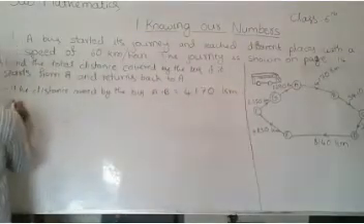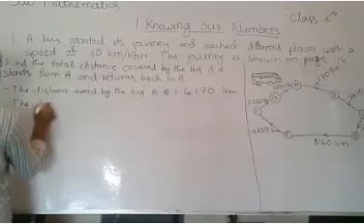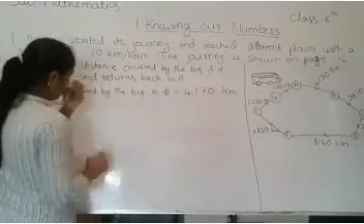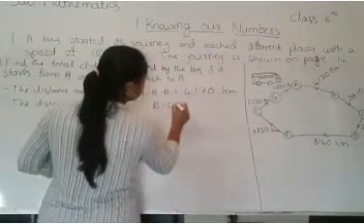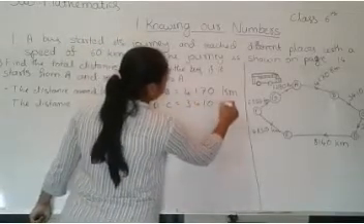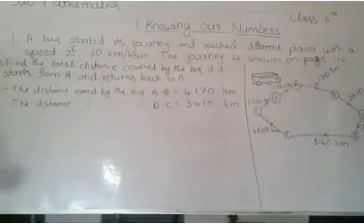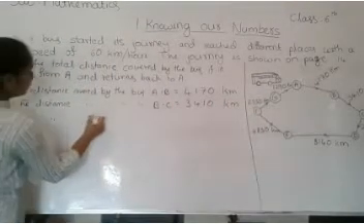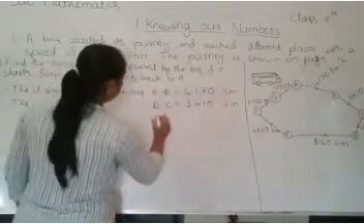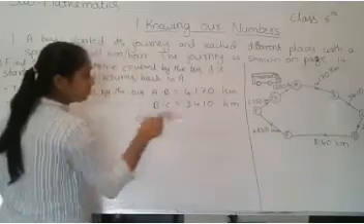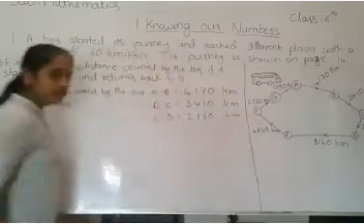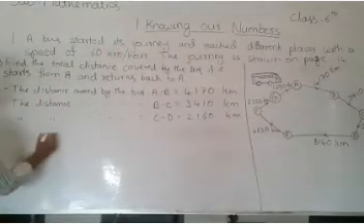Yes, the next one, the distance covered by the bus B to C is how much? 3,410 kilometers. Yes, the distance covered by the bus C to D is how much? C to D, 2160 kilometer.